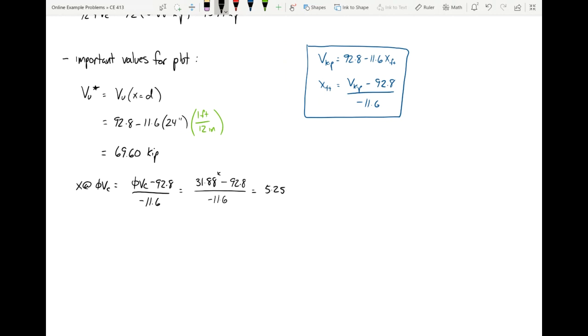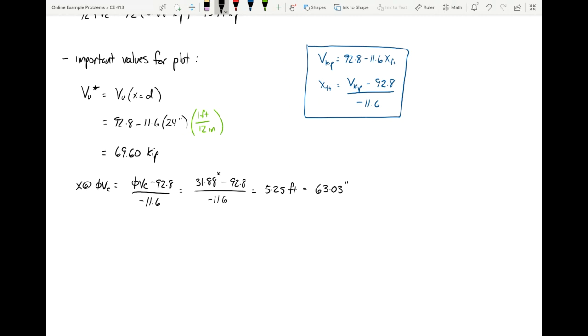Remember, we're solving for x, and our expression states that this is in feet. So this is 5.25 feet, or 63.03 inches.